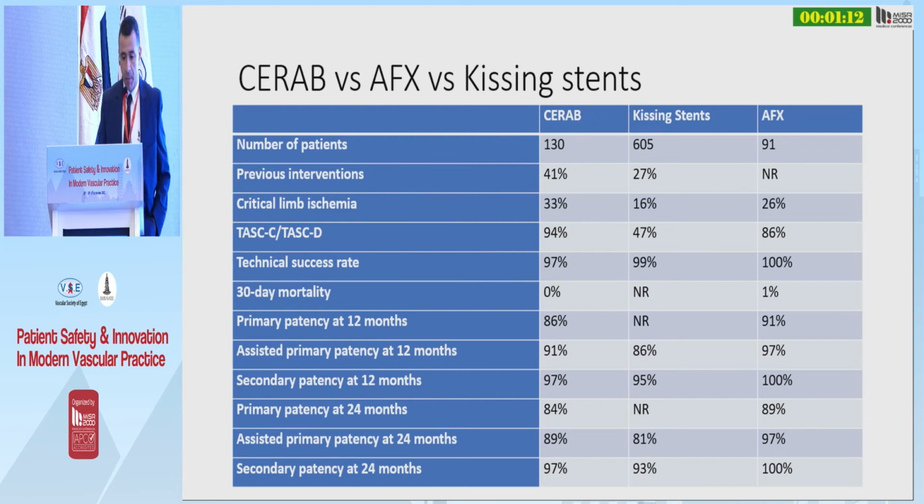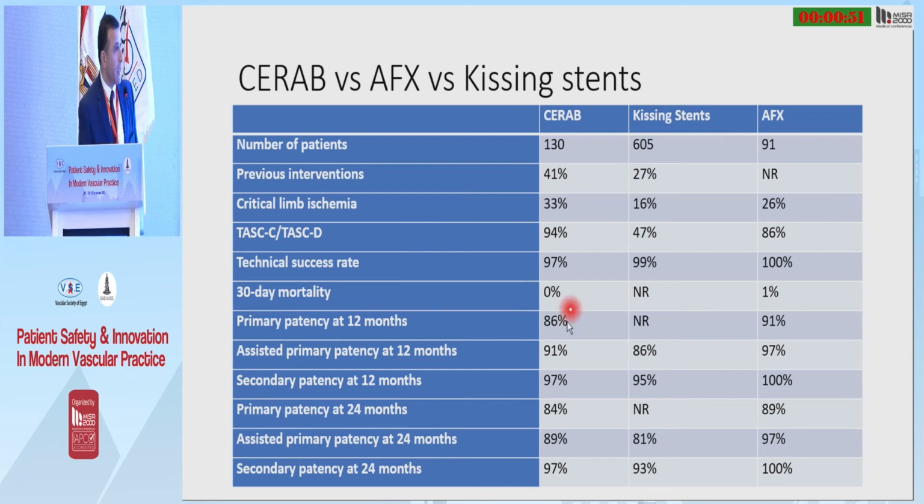In his latest update, Michel Reijnen from the same group in the Netherlands looked at the outcome of CERAB in over 130 patients, kissing stents in more than 600 patients, and AFX in 90 patients, all used for aorto-iliac occlusive disease. The important point to look at here is that the majority of patients who had CERAB had previous intervention.